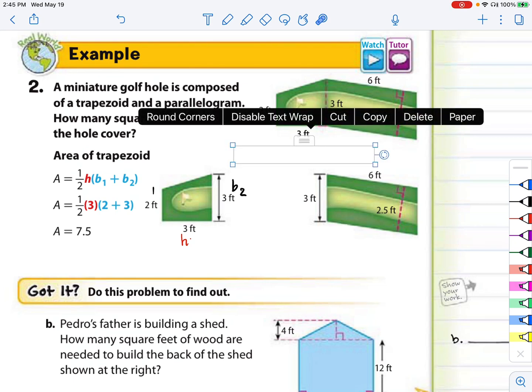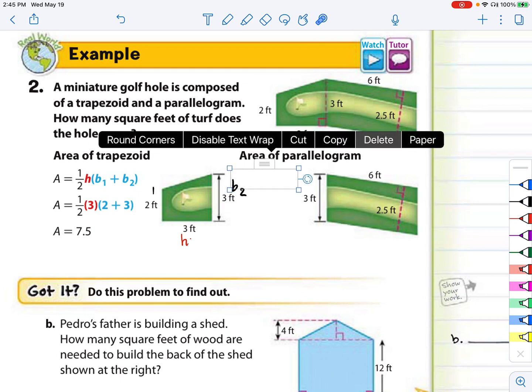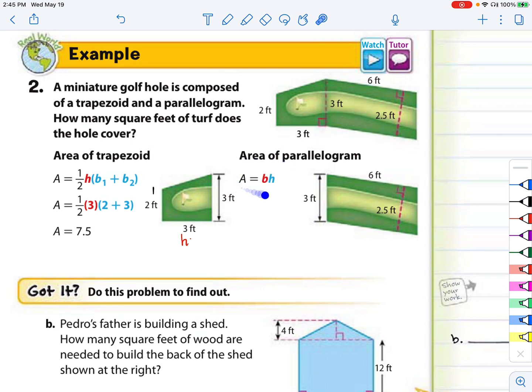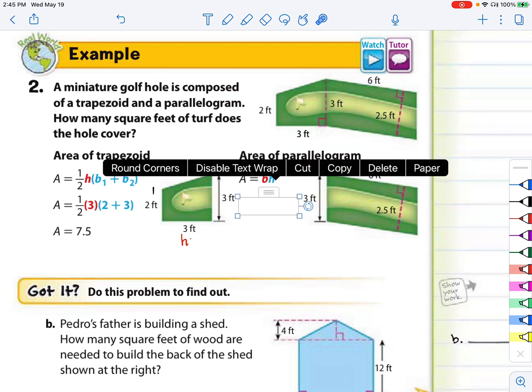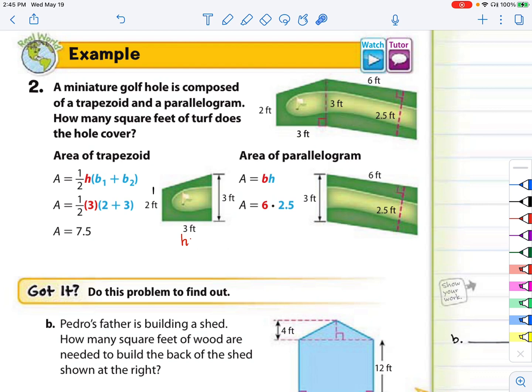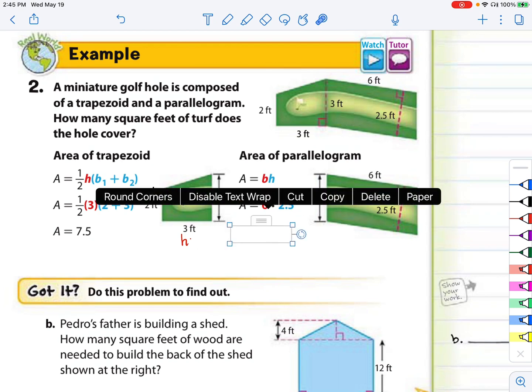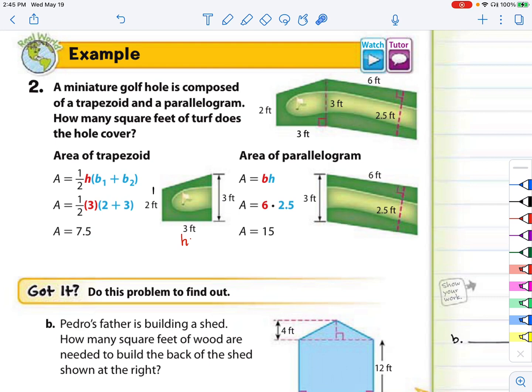So again, let's find the area of this parallelogram by using the formula base times height. So we are going to use only 2.5 and 6 feet. Once we do that, 6 times 2.5 will end up with the value of 15.